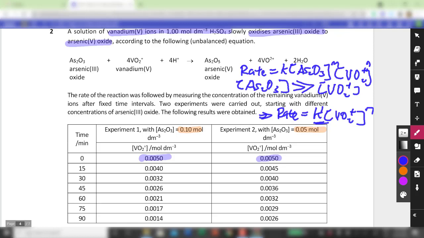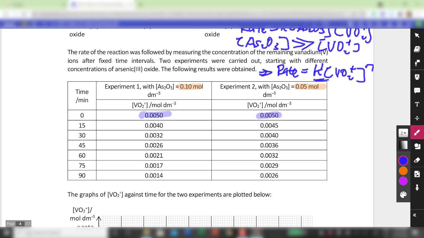Because there are two reactants, if you want to measure VO2 plus, we will want arsenic 3 to be in excess. If we want to measure arsenic 3, then we will keep VO2 plus in excess. But in this case, for the reagent in excess, we can simply double the concentration from 0.05 to 0.10 and see how the curve changes.